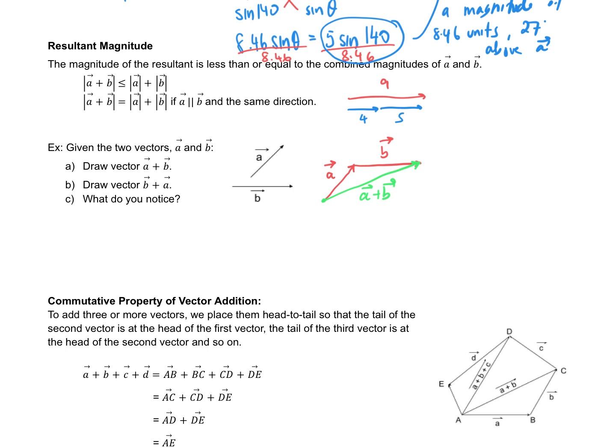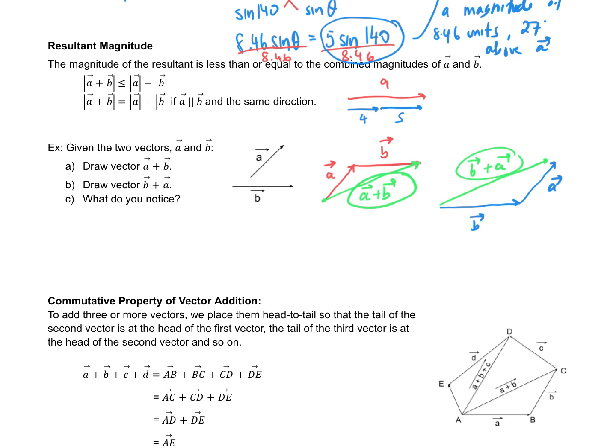Now I'll do it the other way around. So I'll start with vector B, and I'll add on vector A at its head. And here's the resultant, B plus A. These are the same thing if you look at the resultant vectors.